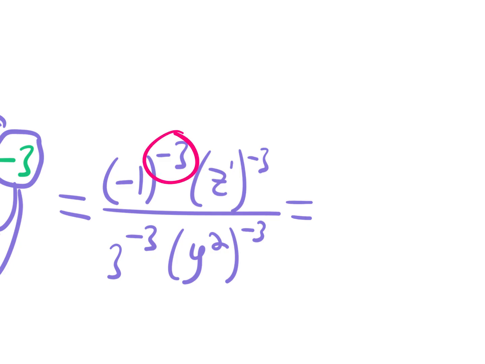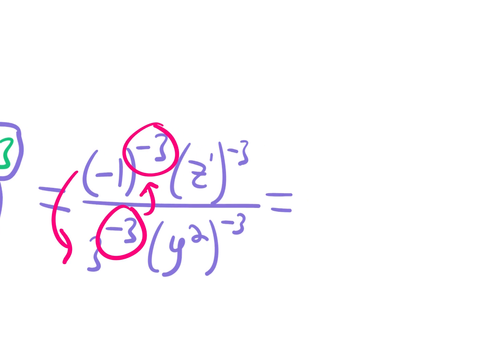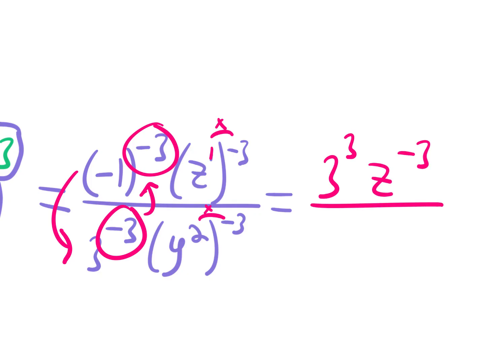We can see that this we can move to the bottom. This we can move to the top. Let's say you're looking at it right now and you see the power to a power and you want to multiply that first. You can multiply it first. That's just a power to a power. So we have 3 to the power of 3, z to the negative 3, over negative 1 to the 3, because we switched it, and then it's going to be y to the negative 6.